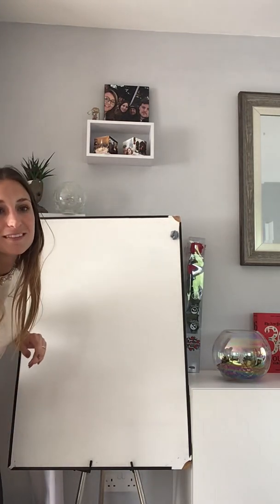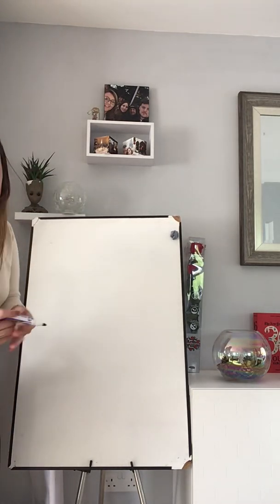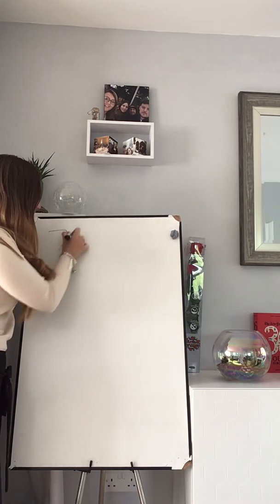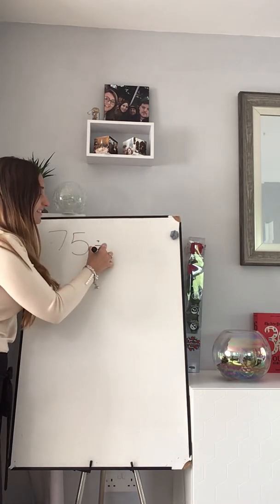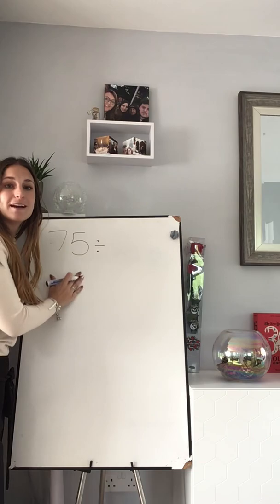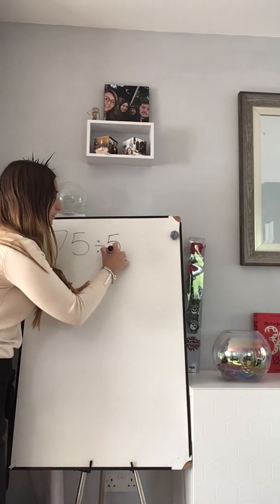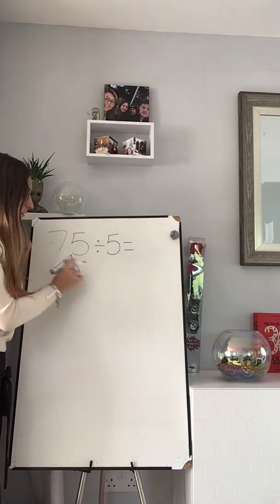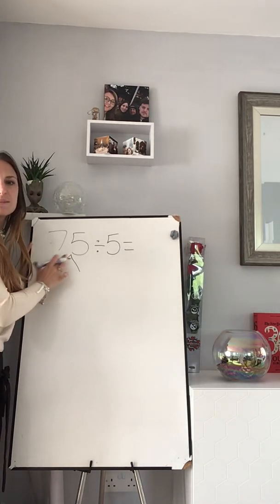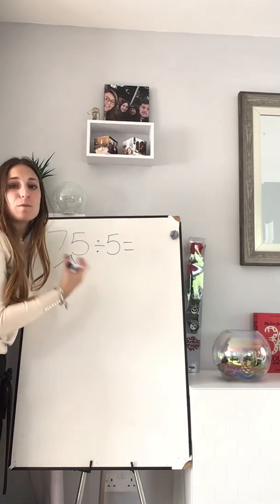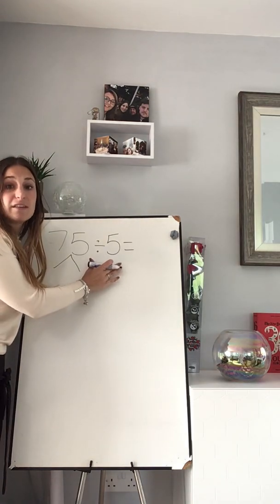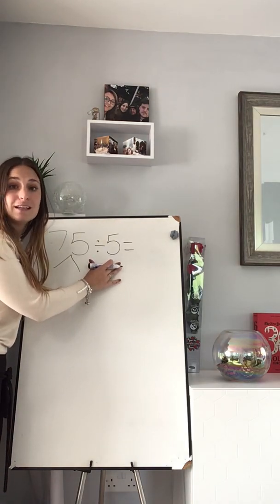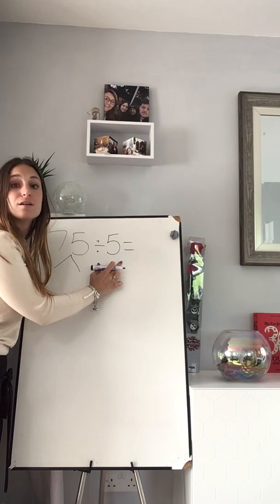Get ready. The first one that we are going to do together is 75 divided by 5. And I am going to partition it to make it easier. 75 is on my 5 timetable, but the furthest that I'm going to go is 50 because I'm dividing it by 5.